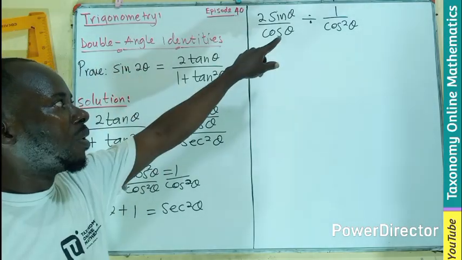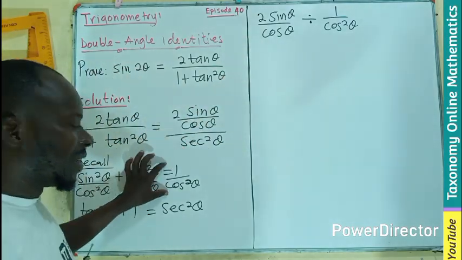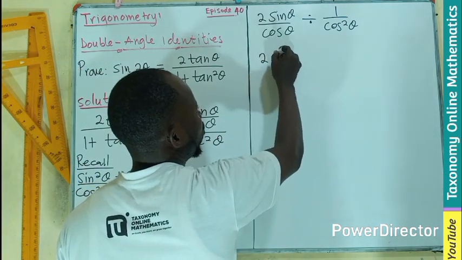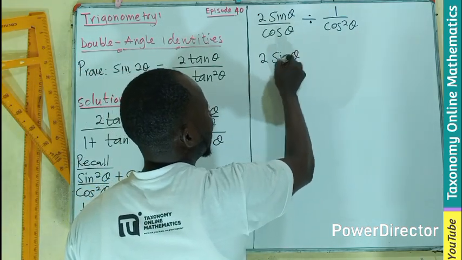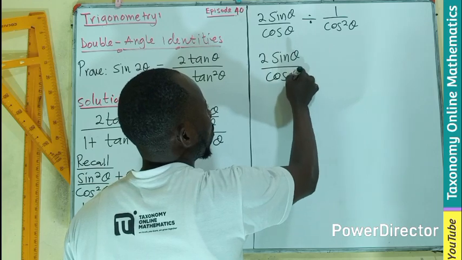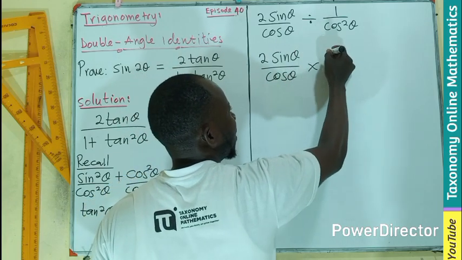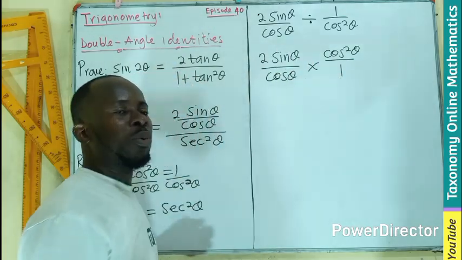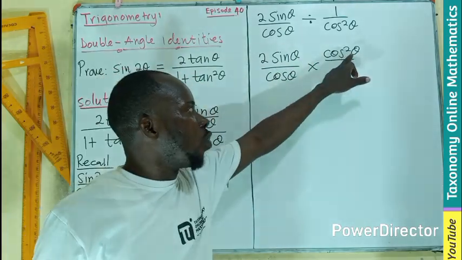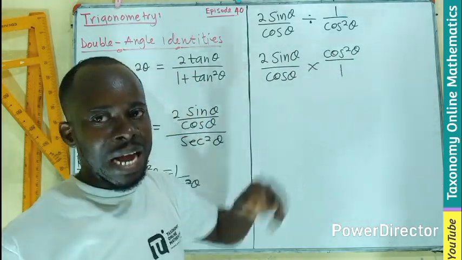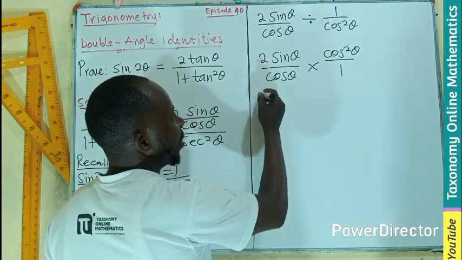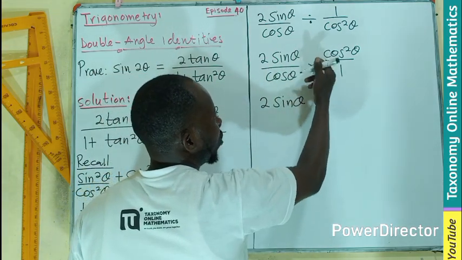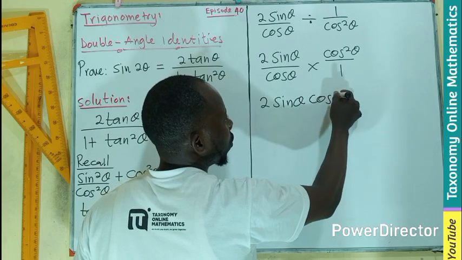So fast forward, I should have my 2 sine theta cos theta multiplication cos square theta divided by 1. If you reciprocate that, the cos of these will go there and cancel. So when that cancels, I should be left with 2 sine theta multiplying cos what?